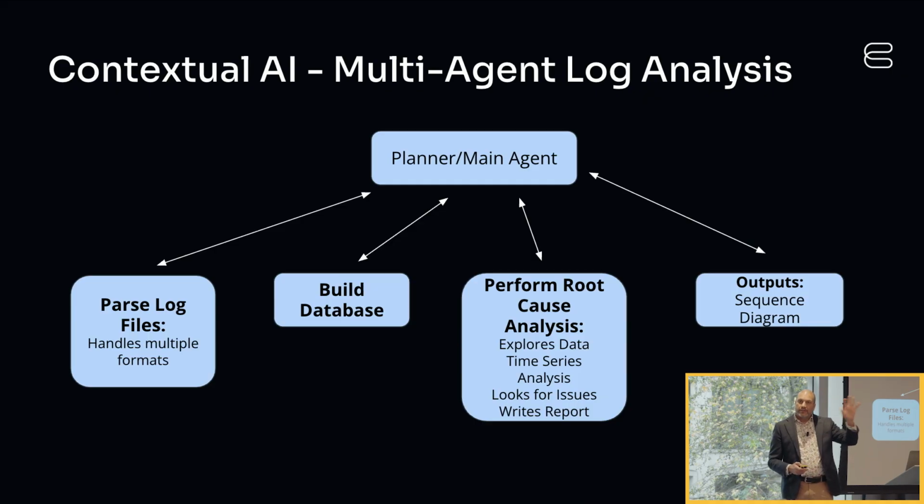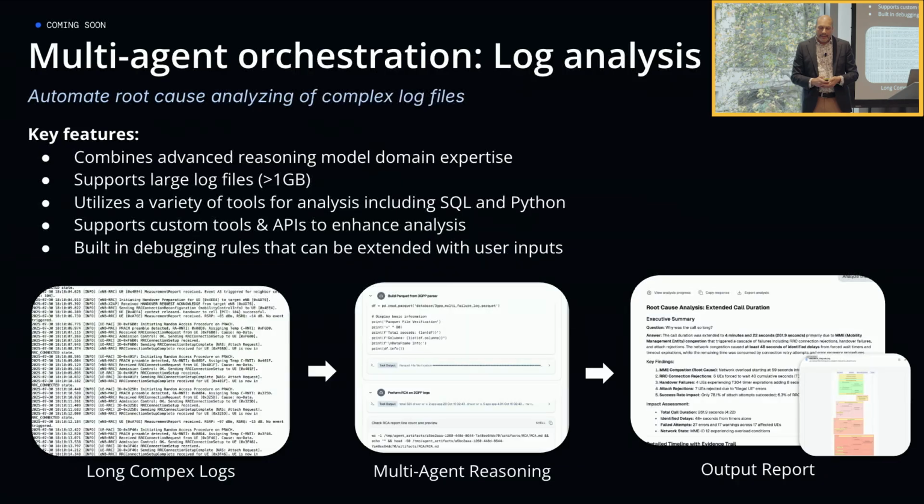We have different units that work on parsing out the files, versus something else that does root cause analysis and looks for multiple hypotheses along the way. This is an active area. I don't have huge insights to share, but I think this is where we and others are doing cutting-edge work, with multiple agents collaborating with each other.